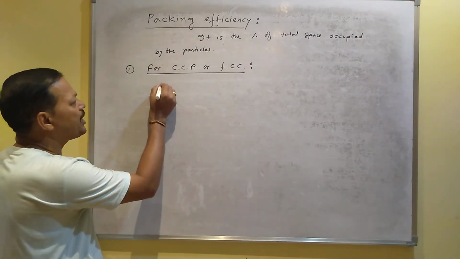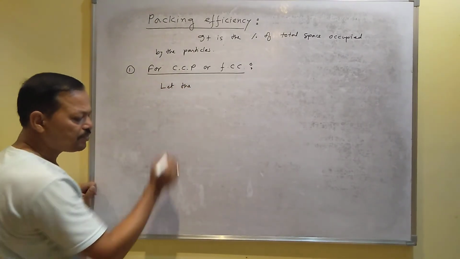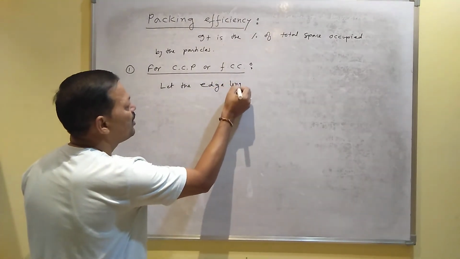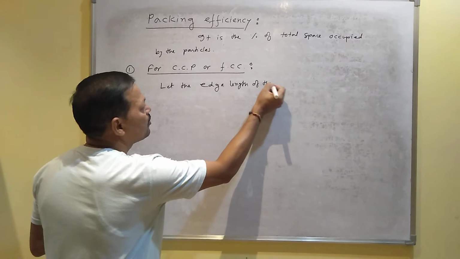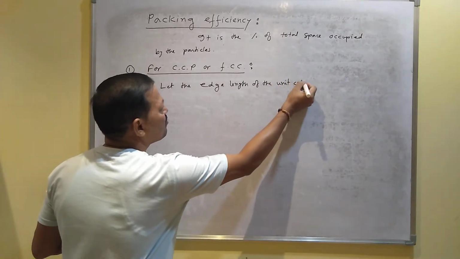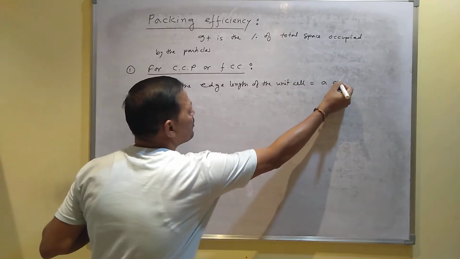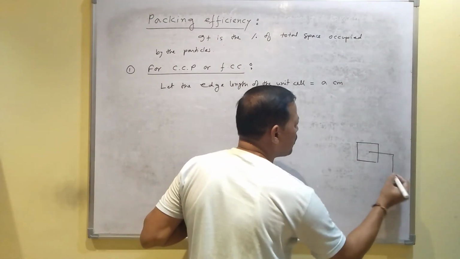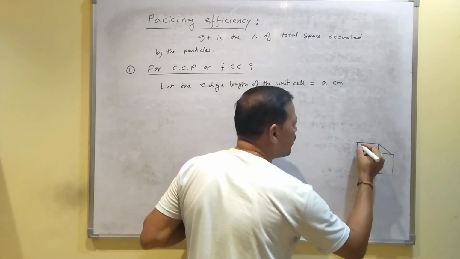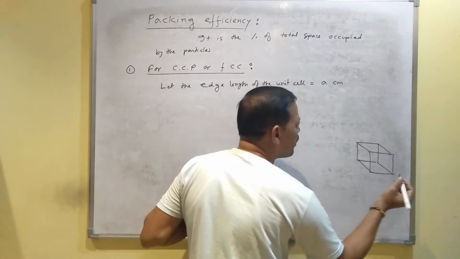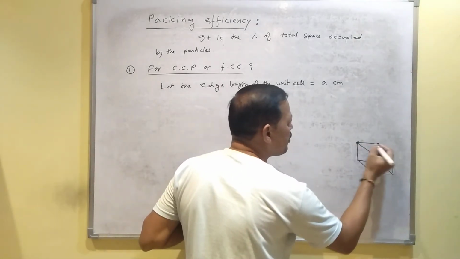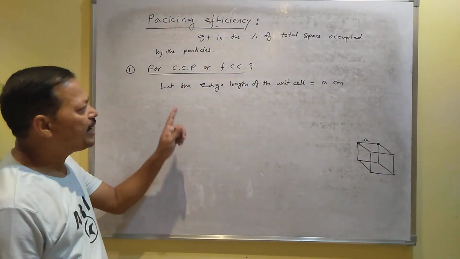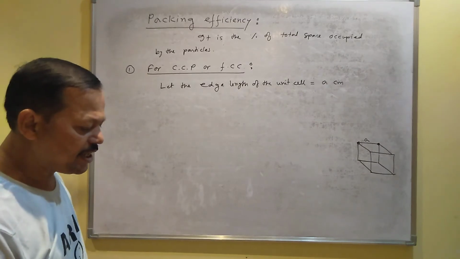So to find out the packing efficiency, let the edge length of the unit cell be a centimeter. I mean, this is the unit cell. The length from one corner to another corner, this length we have considered as a centimeter, and that is called the edge length.